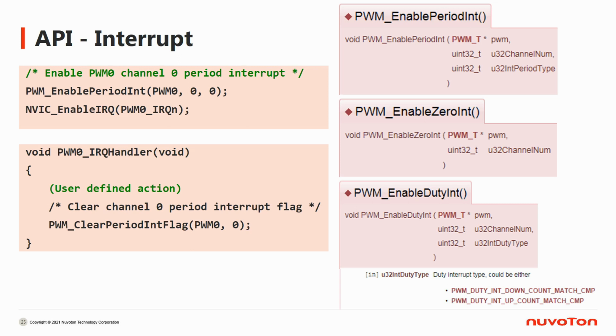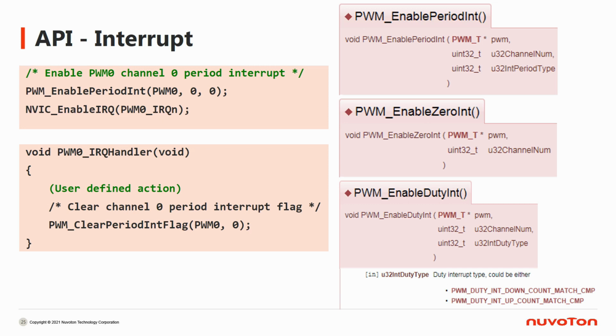NVIC Enable IRQ function defines the handler function as PWM 0 IRQ handler function. Therefore, when the period interrupt is triggered, it will be handled by PWM 0 IRQ handler function. User can define what actions to do for each interrupt in the handler function.